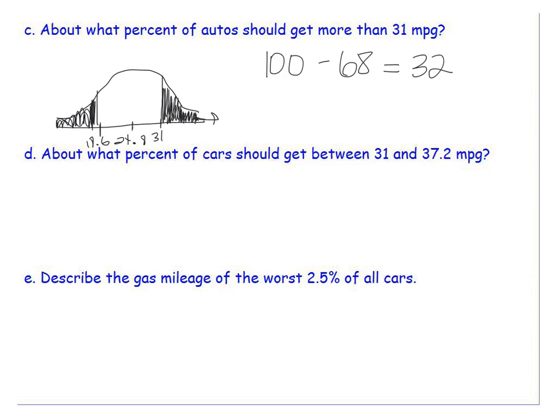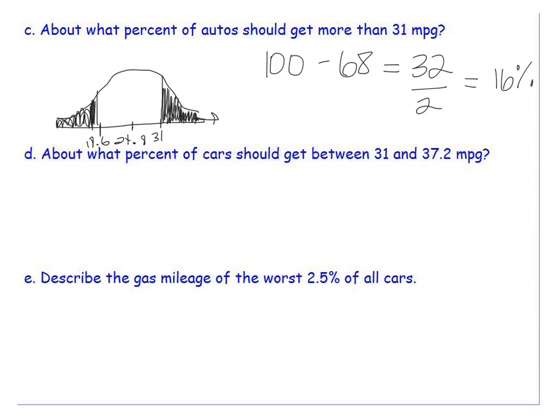So if you only want one wing, all you have to do is divide by 2. And you end up with 16% of automobiles. So to find percentages, you simply take the high percent minus the low percent, but because you only wanted one wing, you have to divide by 2.